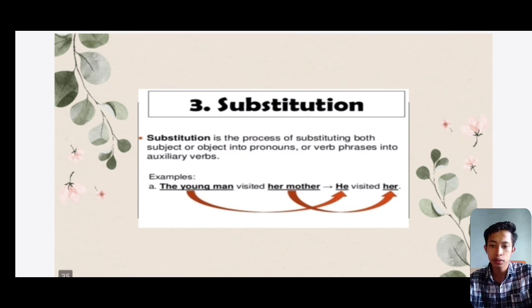Substitution is the process of substituting both subject or object into pronouns, or verb phrase into auxiliary verbs. For example, the young man visits her mother. We change the young man into a pronoun, that is, we change it to he. So the sentence will be changed to he visits her.